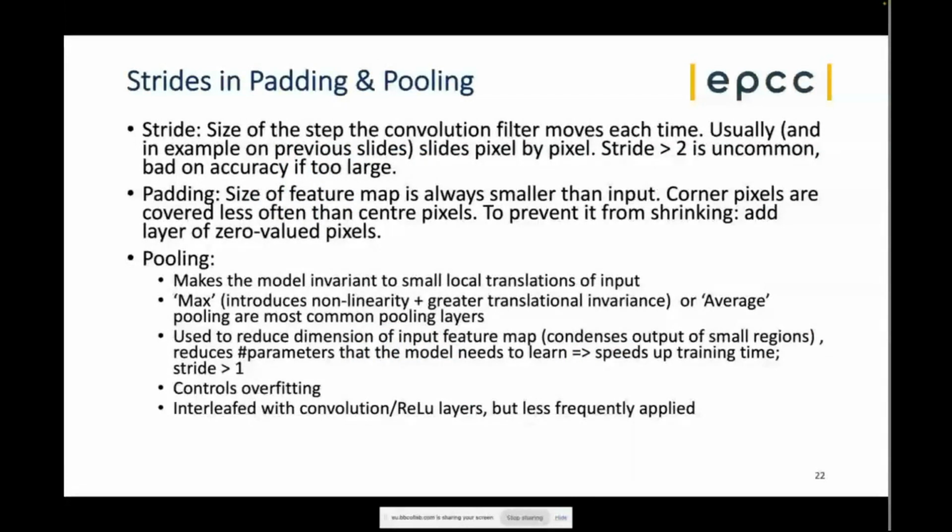So there's other things that people do with the CNNs. They change the stride. That's just the size of the step that the convolution filter moves each time. So usually, and in the example that we've given, the convolution moves a single pixel by a single pixel, but you can reduce the amount of work that you have to do by increasing that stride.